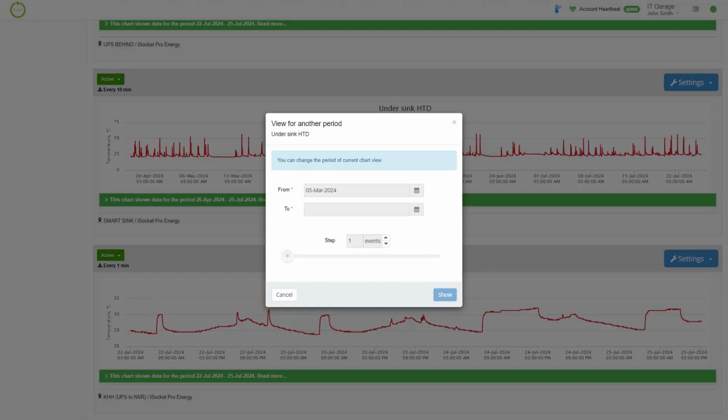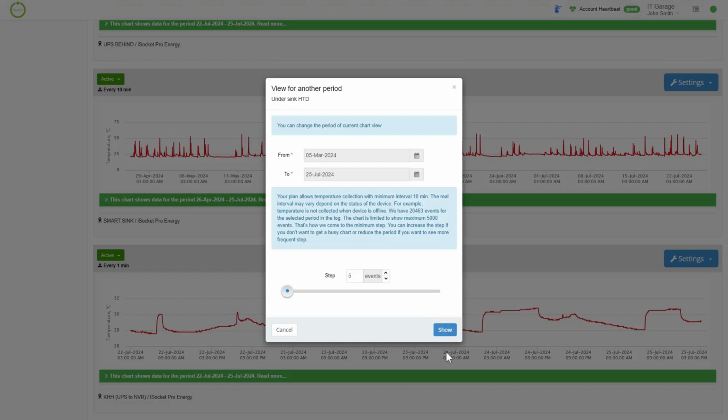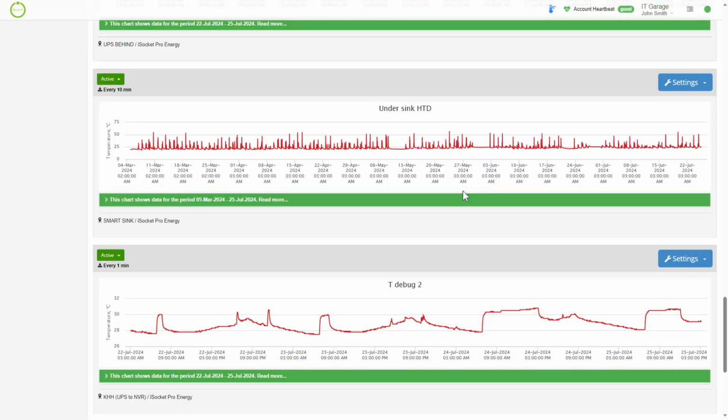I decided to cut this part because you have seen it many times. So a longer period, every 5 events, so we don't see every event. I think we have seen it. Every time it rises, you can understand that hot water has been used. That is interesting monitoring that I want to keep for a longer period of time.